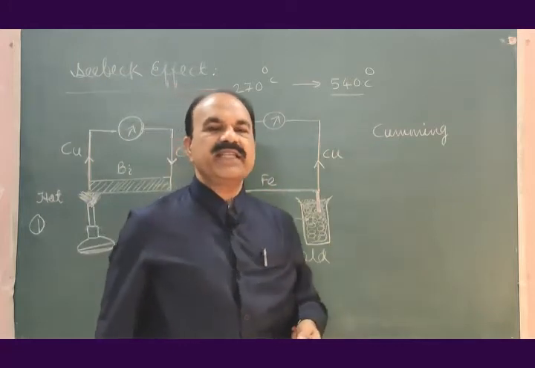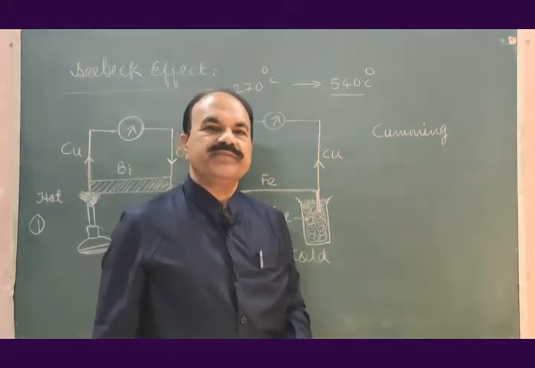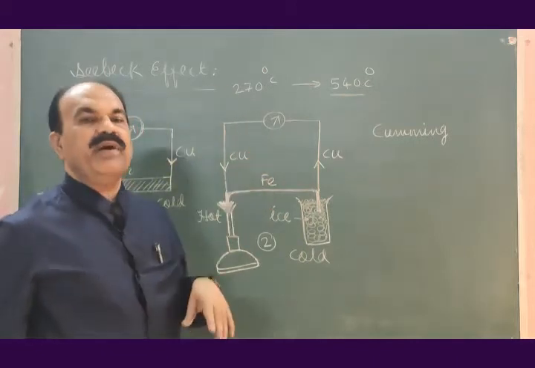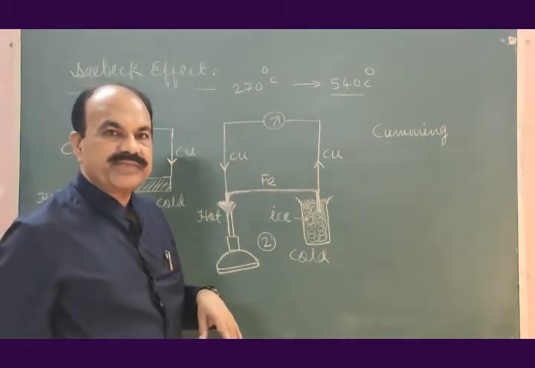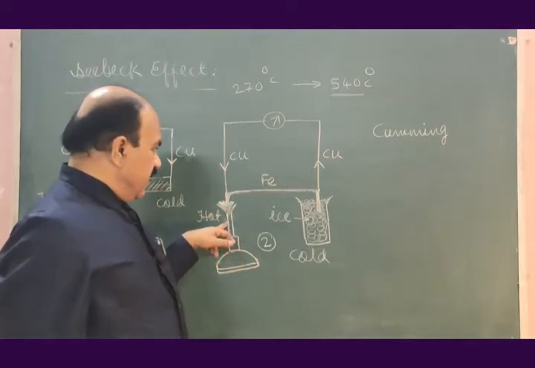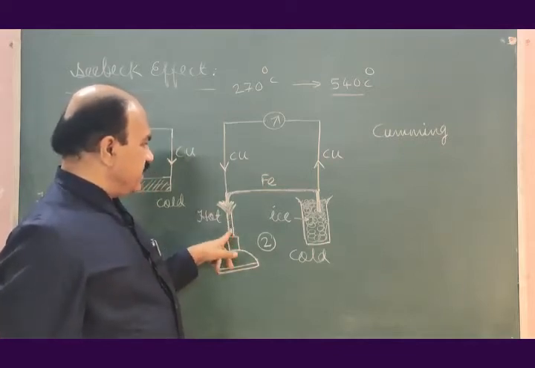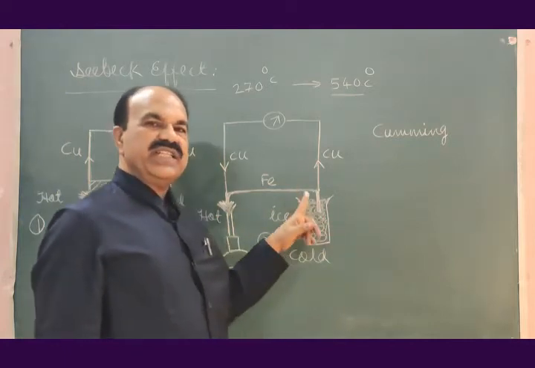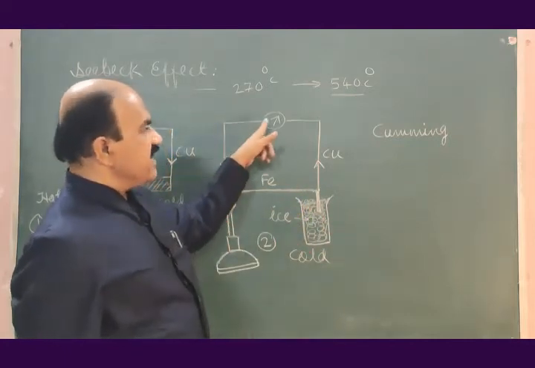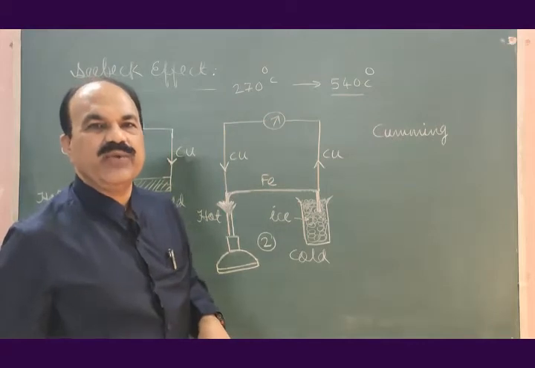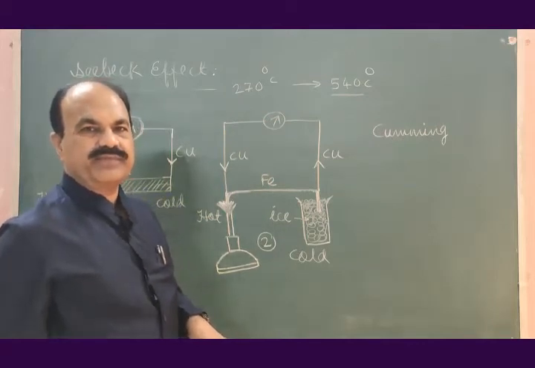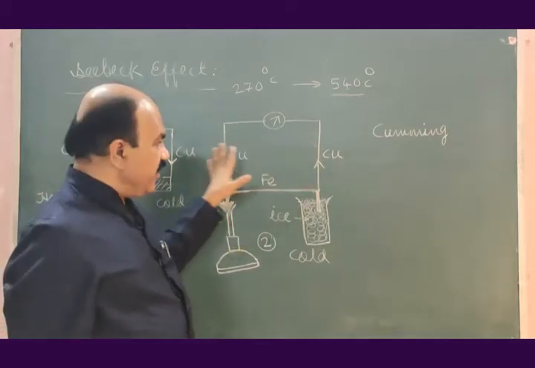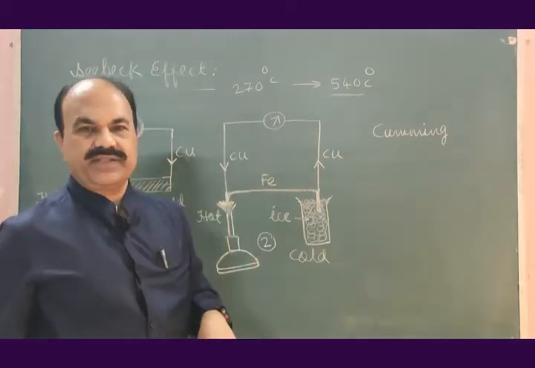Cumming did the same experiment in 1840, and when he did the experiment with this thermocouple, he found that when the hot end is continuously heated and the cold end is kept at 0 degrees Celsius, the current really flows through the galvanometer without any battery or cell in the circuit.